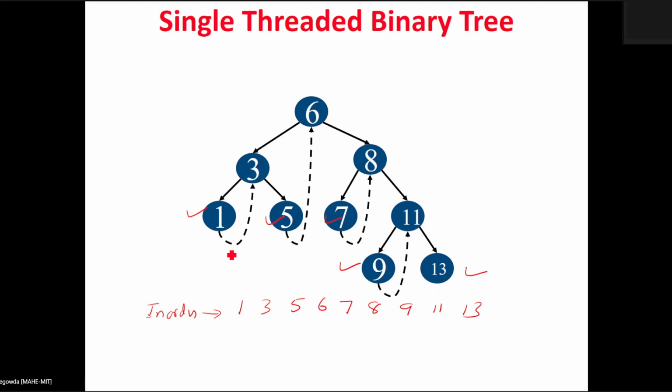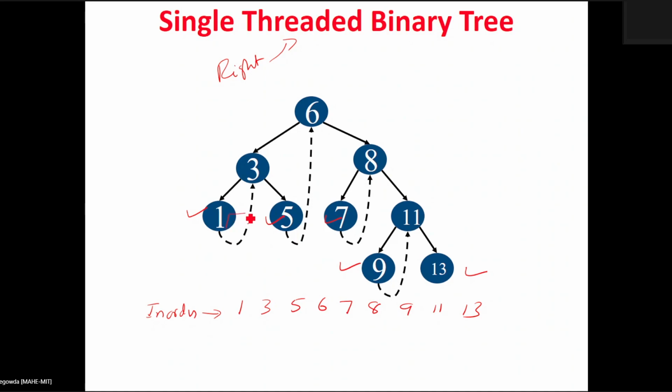So in a right-threaded binary tree, we put the address of the in-order successor of the node in the empty field. For example, for leaf node 1, the right link is empty.